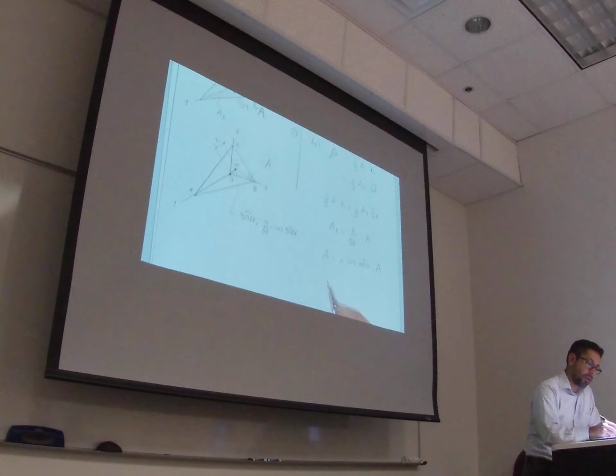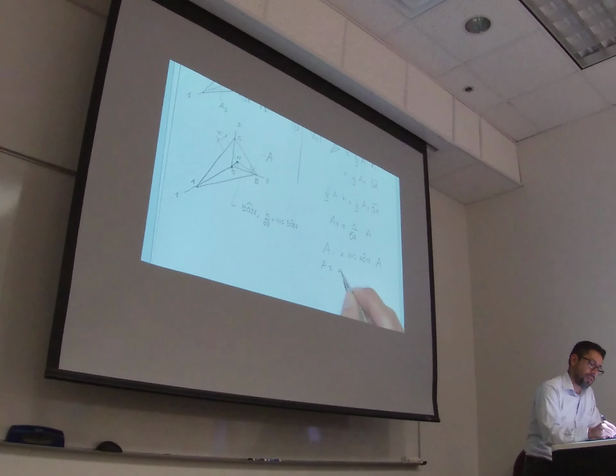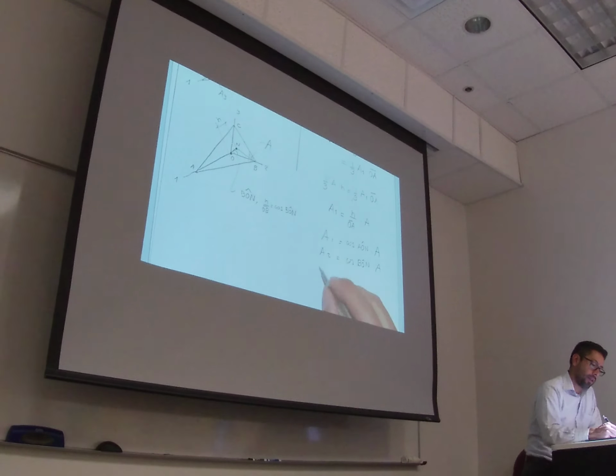And A2 is going to be the cosine of BON, and A3 is going to be the cosine of CON.